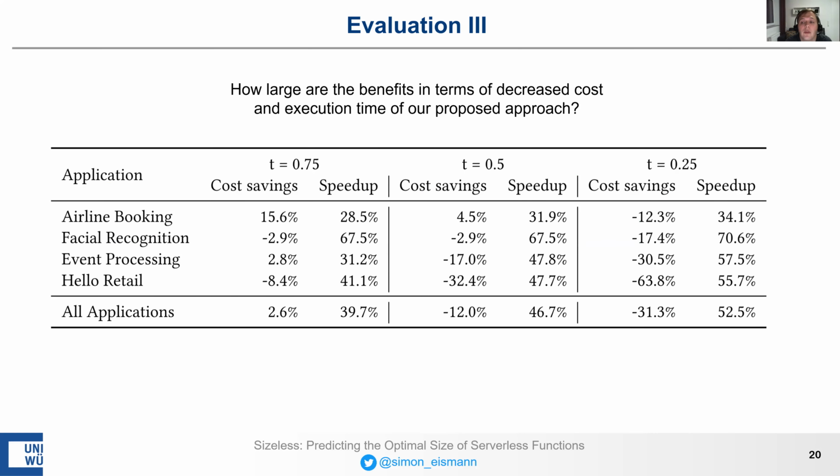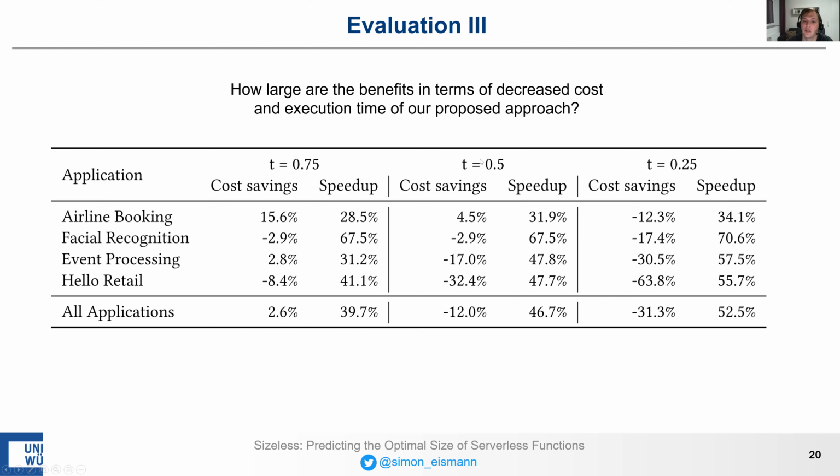Finally, we've looked at the benefits of using our approach. So do we get a cost decrease or execution time speed up? Again, we've grouped this for 3 different values of the trade-off parameter T, where this configuration prefers cost savings. We can see here that we have 2.6% cost savings, while at the same time speeding up function execution by 48%.